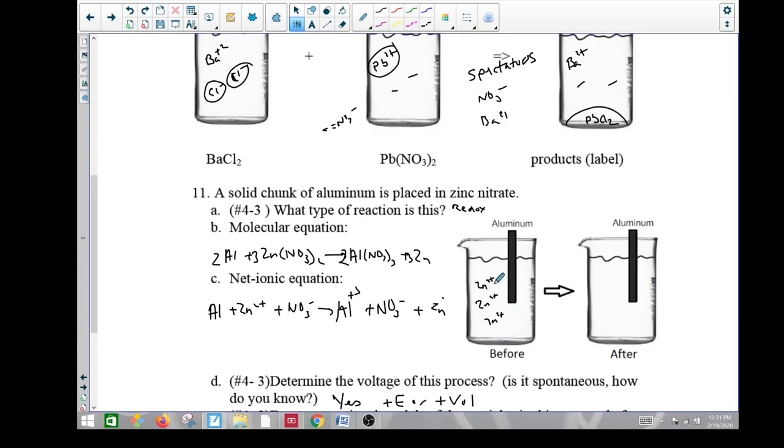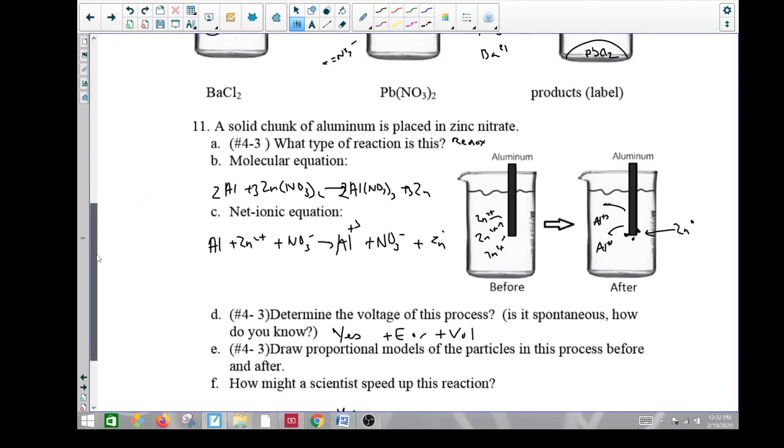All these guys are going to go up to the post, and then off jump from the post 2 aluminums, aluminum 3+ and aluminum 3+. And I have my 3 zincs sort of on the post, 1, 2, and 3. These could be my zinc metals. Okay, they could fall off there too and land on the bottom, doesn't matter.